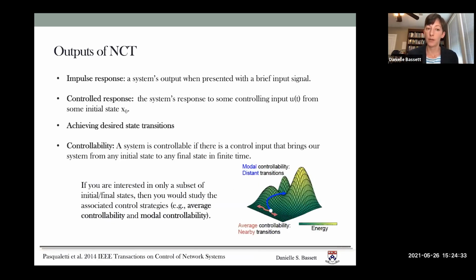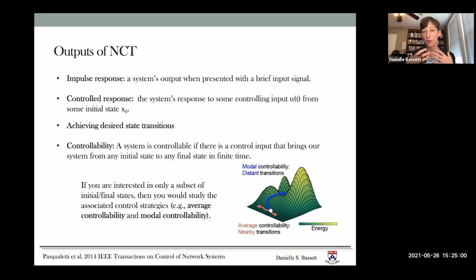The fourth output of network control theory is controllability. And so that assesses whether or not a system is controllable. A system is controllable if there is a control input that brings our system from an initial state to a final state in finite time. Now, that's a very generic capacity of a system, but you might be interested not in global controllability like that, but in only a subset of initial and final states.